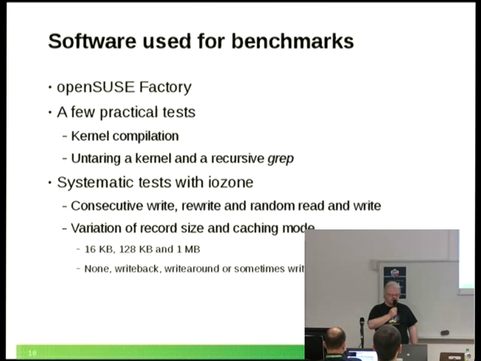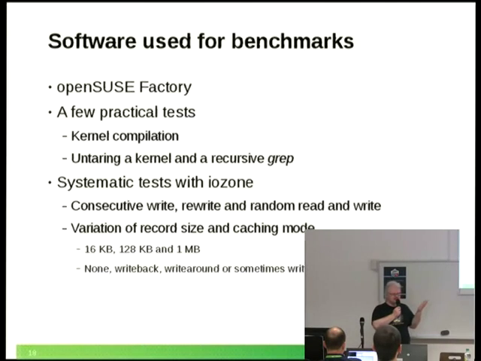I also limited the memory used by the kernel to 1 gigabyte. So the test file sizes were between the memory size and the cache size. So the cache should be fully utilizable, but the memory should not really make the test meaningless.